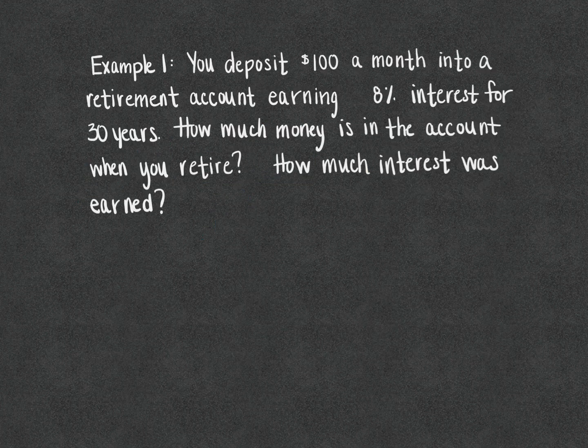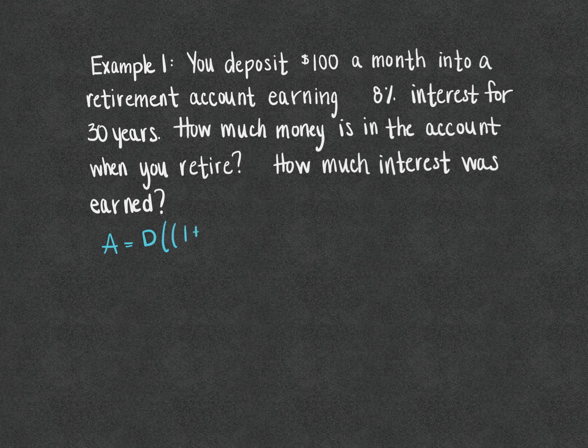In our first example, we are going to deposit $100 a month into a retirement account earning 8% interest for 30 years. The first question is how much money is in the account when you retire? And then secondly, we're going to figure out how much interest was earned. So first, we're going to take our annuity formula because, again, this is an ongoing monthly deposit. So we're making deposits at regular intervals.